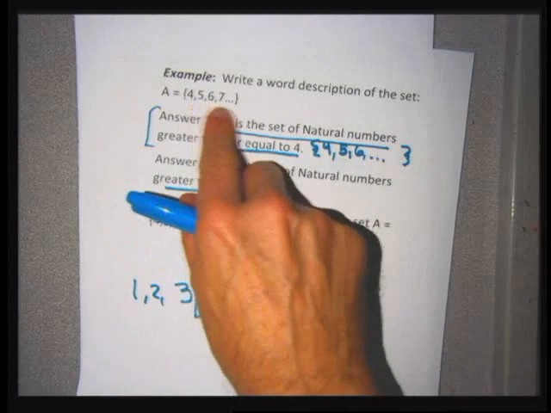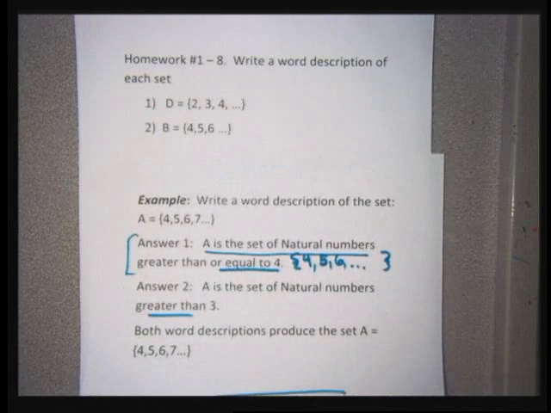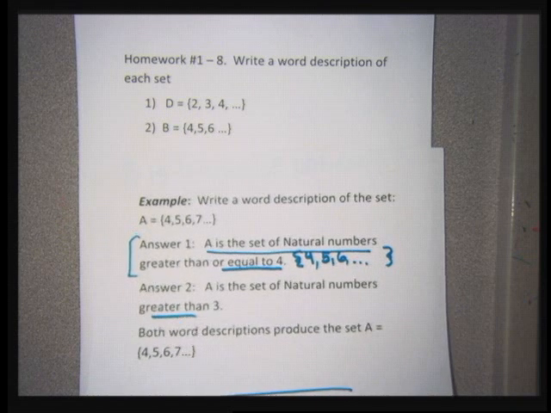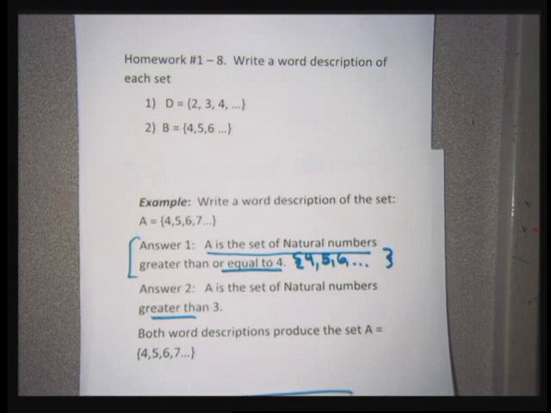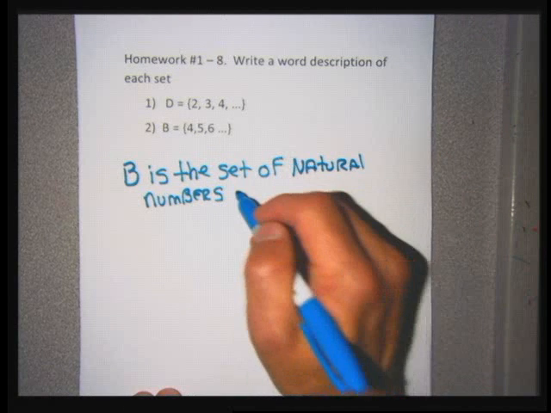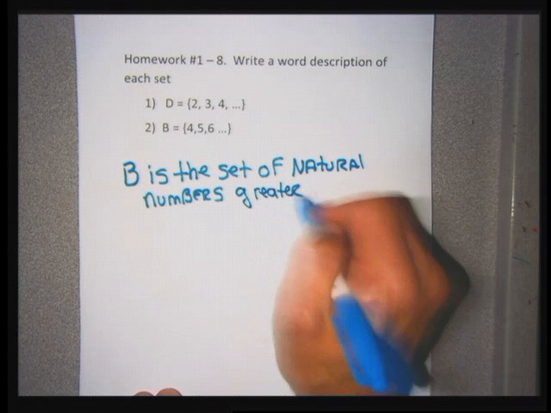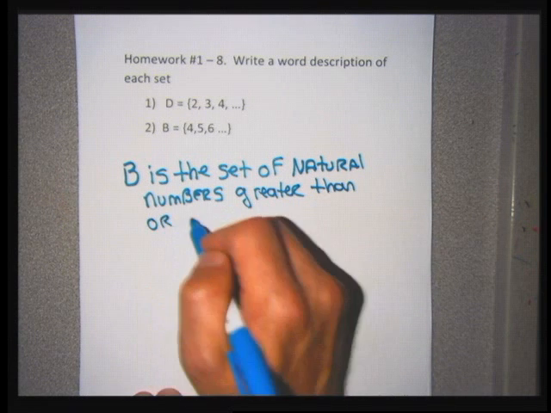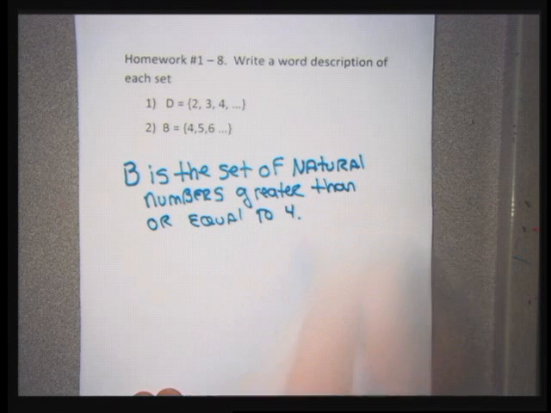This set 4, 5, 6, 7 dot dot dot is no different than the set 4, 5, 6 dot dot dot, because the next number would be a 7 and then an 8, then a 9. So the set B that I'm doing in problem 2 is the same as the set A I did in my example, so I could use the same answers. So I could say it's the set of natural numbers greater than or equal to 4.